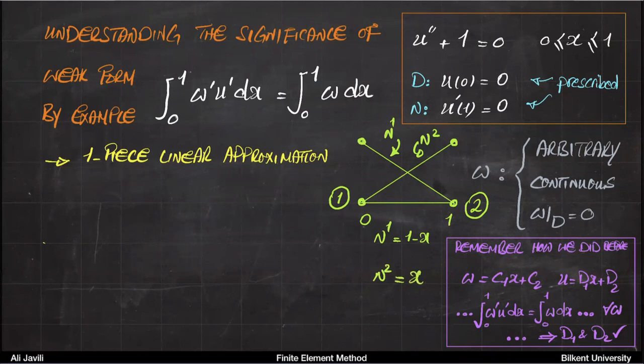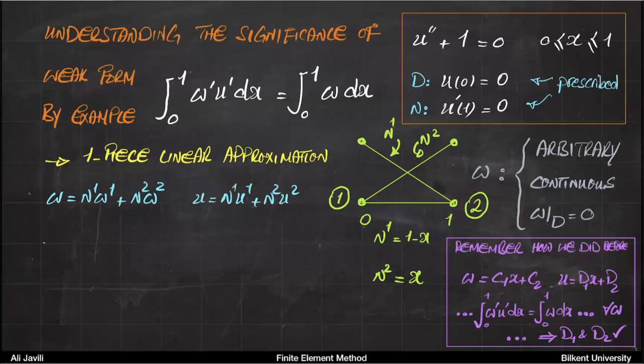But now, for w and u, instead of writing them like this, I want to write them in the new way that we just learned together. We said w is N1 w1 plus N2 w2, and u is N1 u1 plus N2 u2.